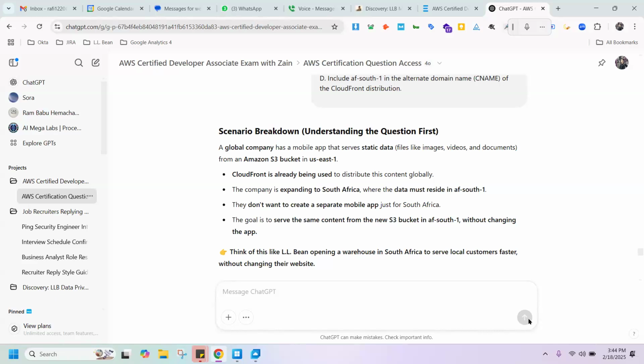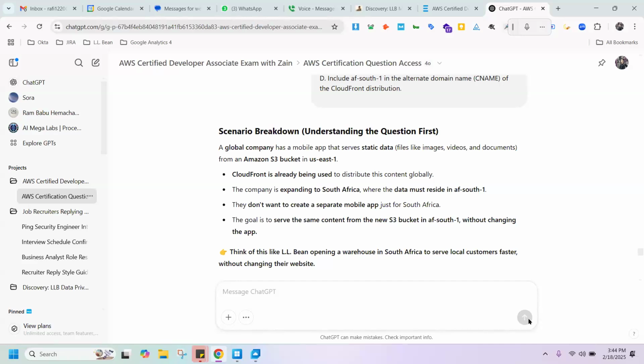Okay, so a global company has a mobile app that serves static data like files, images, videos, documents.